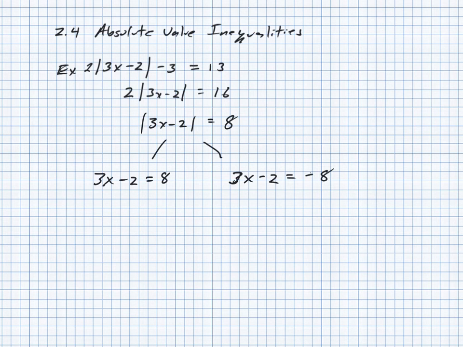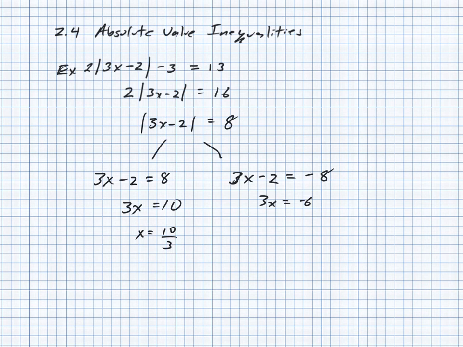These both graph as dots. You get 3x is equal to 10, and x is equal to 10/3, which you could still find on the number line. The next one, I add 2 to both sides. I have 3x is equal to negative 6.